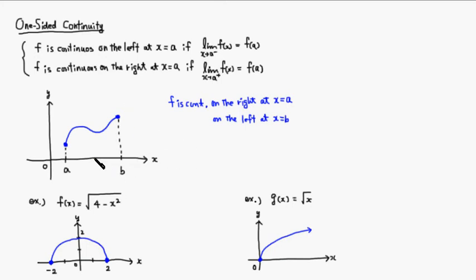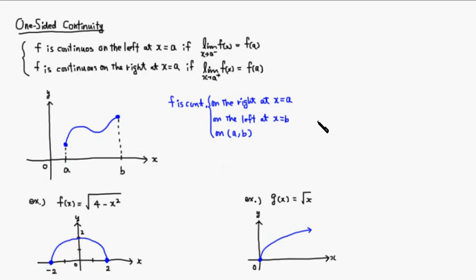And as usual, we know that there's no breakage in the picture, so it's continuous between a and b. So f is continuous on an interval from a to b, right?